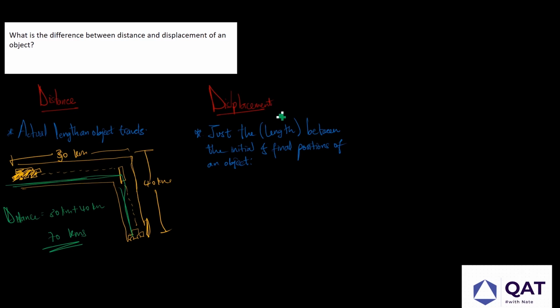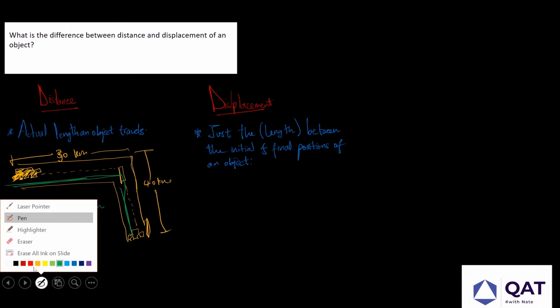However, if we try to find the displacement, it is just the length between the initial and final positions of an object. While finding the displacement, we just need to consider two positions, two points only: the initial point and the final point. But before that, I need to clarify something.